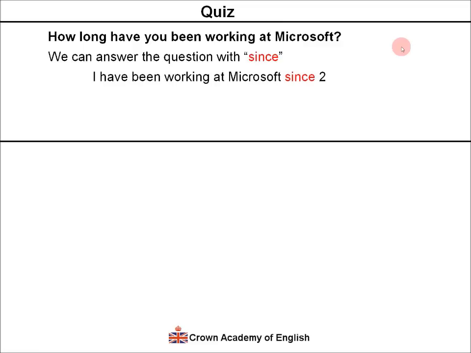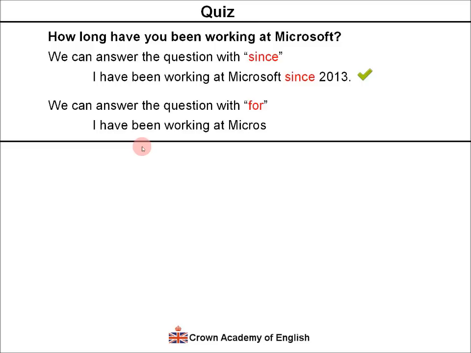I have been working at Microsoft since 2013. Or we can answer the question with the word for. I have been working at Microsoft for 3 years. So for followed by a period of time, and since followed by a point in time. So both of these are correct.